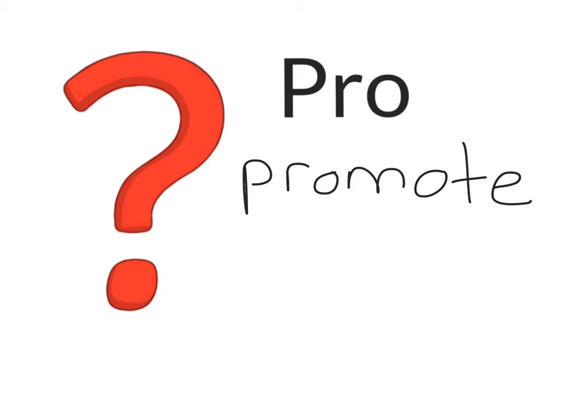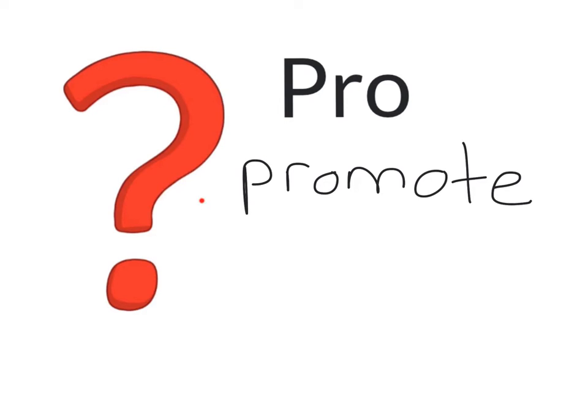Another prefix that you might come across when you're reading is pro. Pro means in favour of. So examples of words with this prefix in it might be promote. That means that someone goes up in their job.